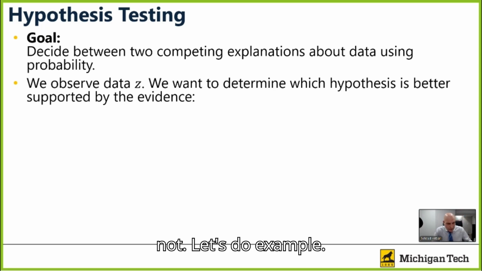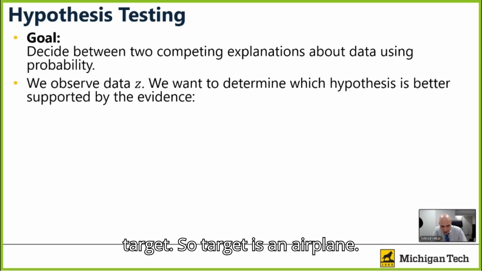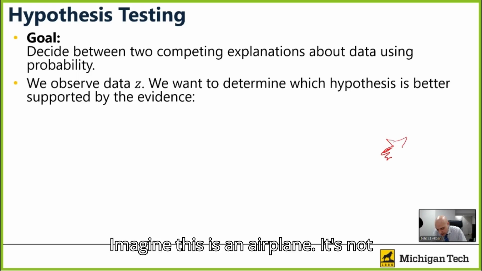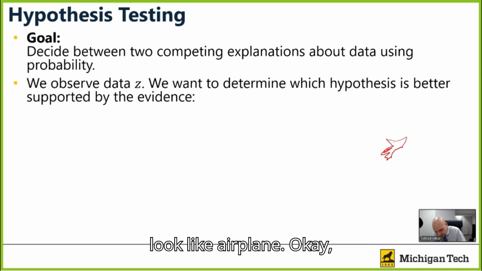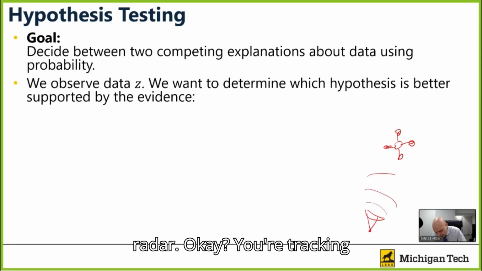Let's do an example. Imagine you are tracking a target. So the target is an airplane. Imagine this is an airplane. It doesn't look like an airplane. Okay, so drone. You are tracking a drone using radar.